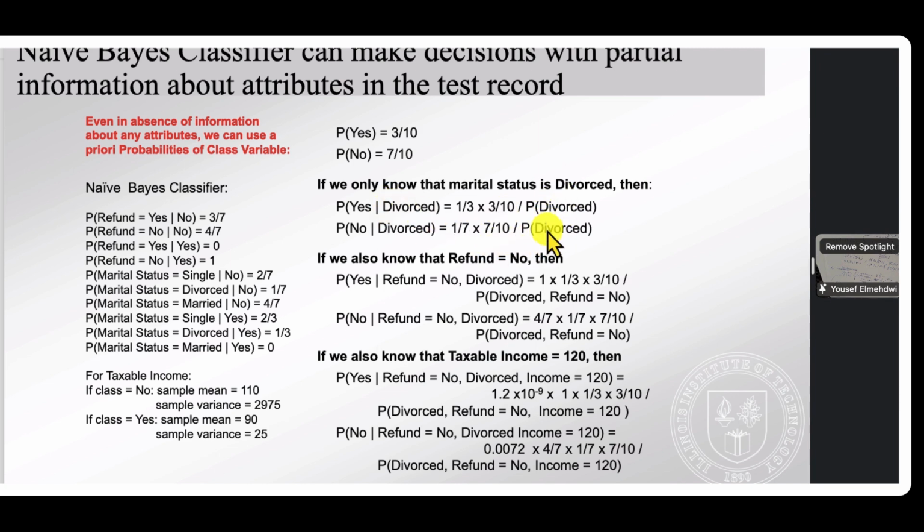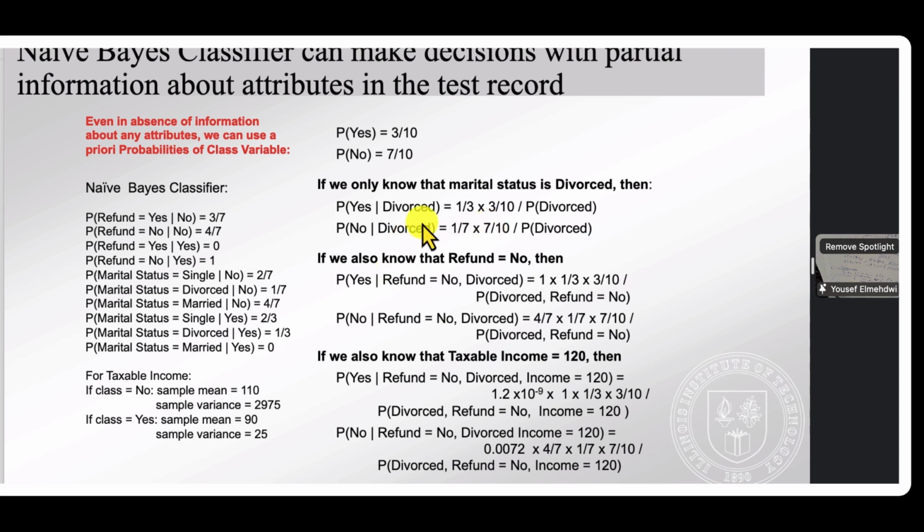You don't need to compute that, although you can, by summing the probability over all the possible class labels, all the values of y. But we don't need it because it cancels. The most important thing is that I compare the numerators, and do the same thing with the class label equal no, and see which one is higher.